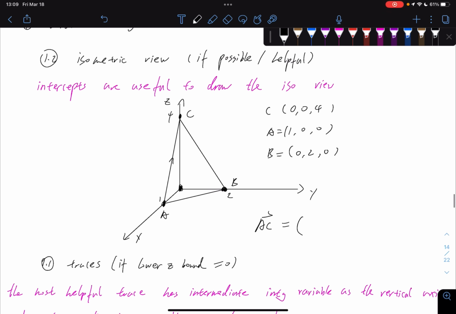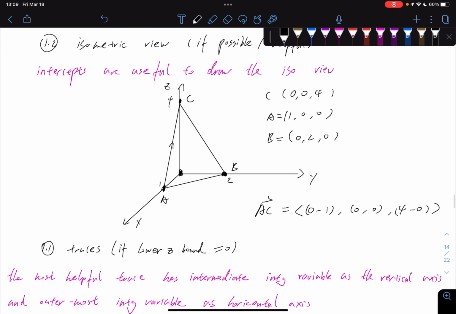So AC is the coordinate at C minus the coordinate at A, so that's 0 minus 1, 0 minus 0, 4 minus 0.